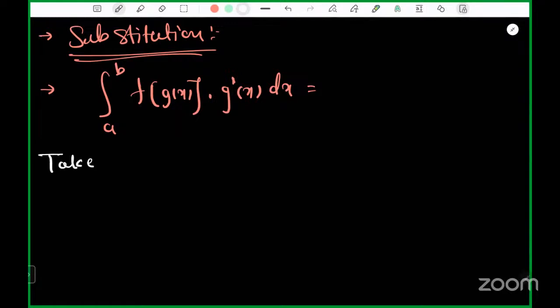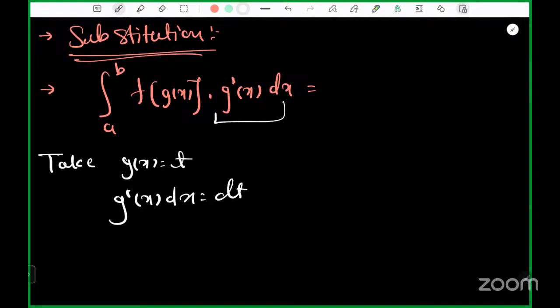Let's take g of x equal to t. Since g of x is t, g dash of x dx is nothing but dt. So this whole term can be replaced by dt.